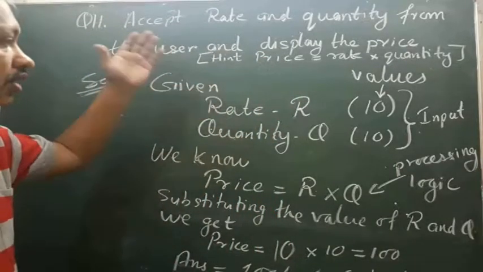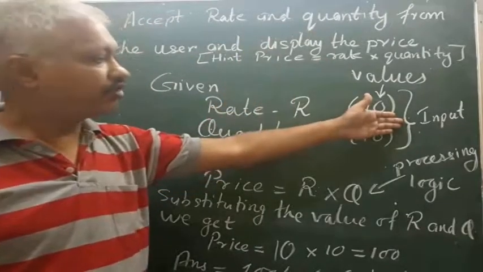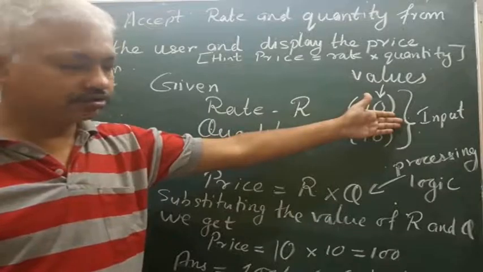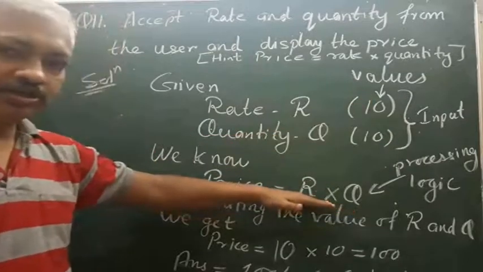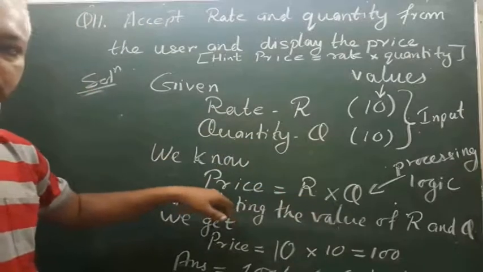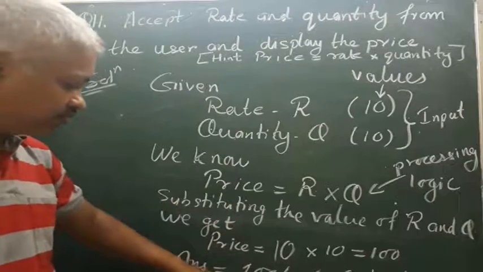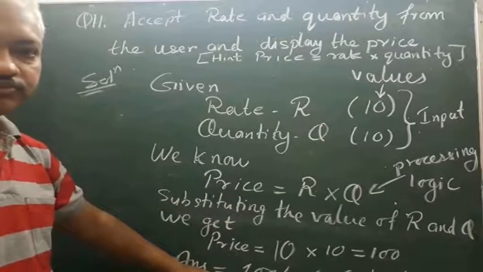So unknowingly you are doing the same procedure. You have taken the input, you have written the processing logic based on the output that is required. So this is the output and you have displayed the output here.